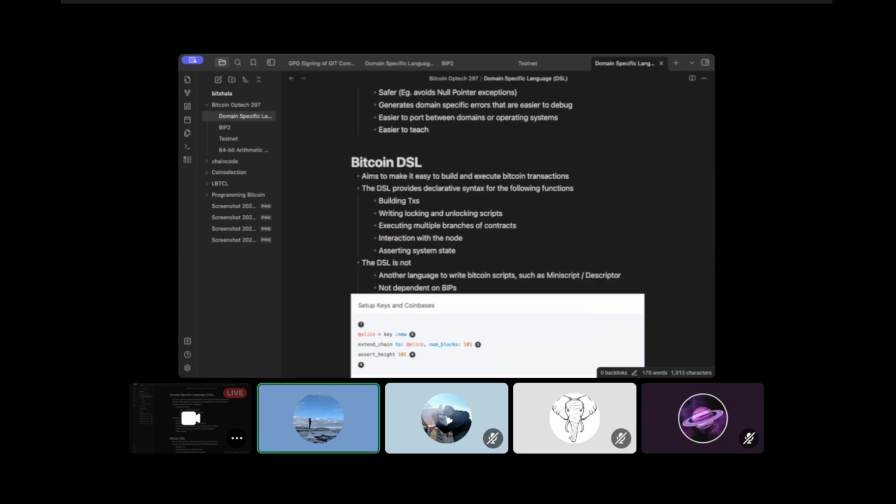Typically, you have to spin up a node and then write RPC commands to interact with your node and create the transaction.